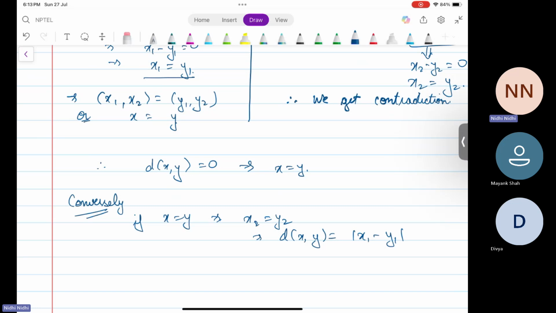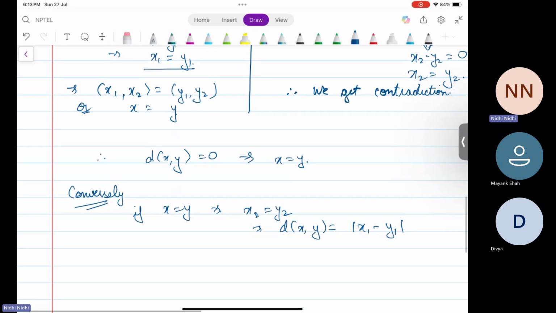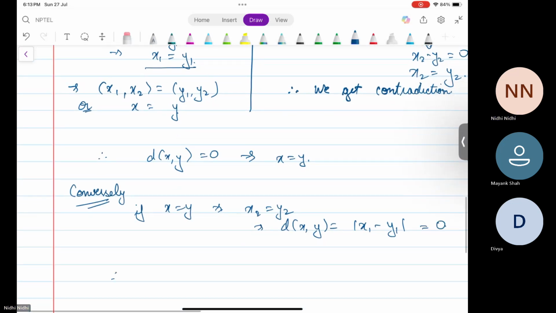And since x is equal to y, x1 is also equal to y1. This is equal to 0. Therefore, dxy is 0 if and only if x is equal to y. Therefore, the second condition holds.